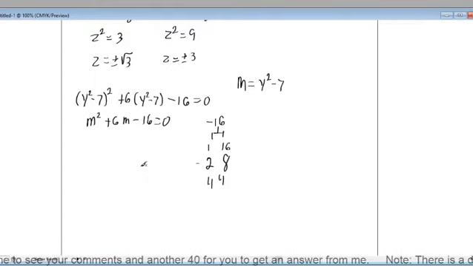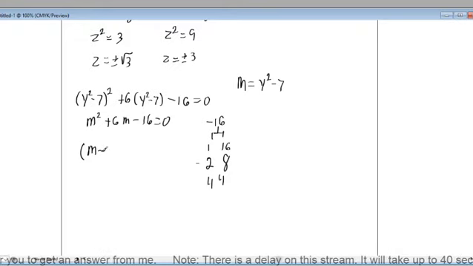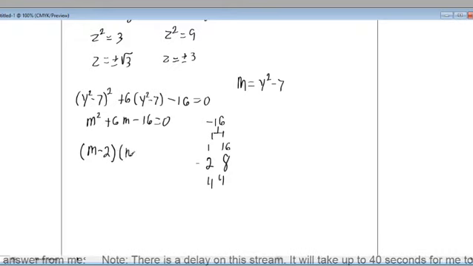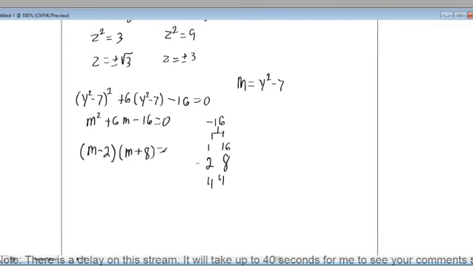So I'm actually going to skip the box method here. Don't need it. I was just doing it before for practice. So our two factors are m minus 2 and m plus 8 equals 0.